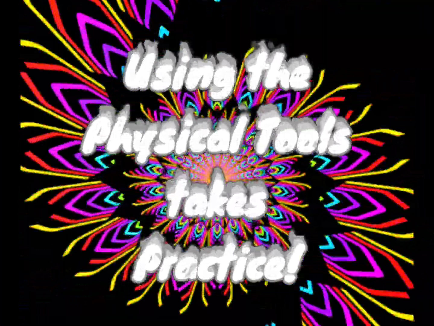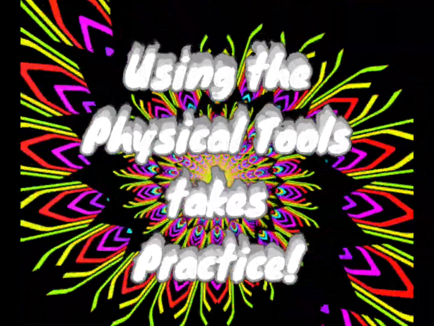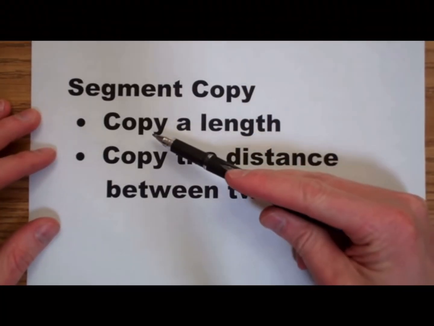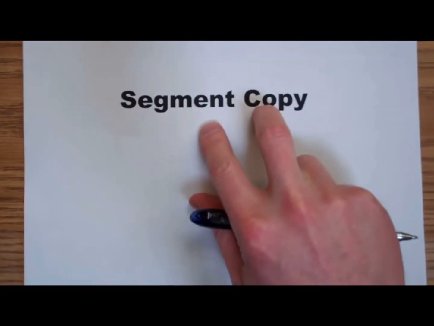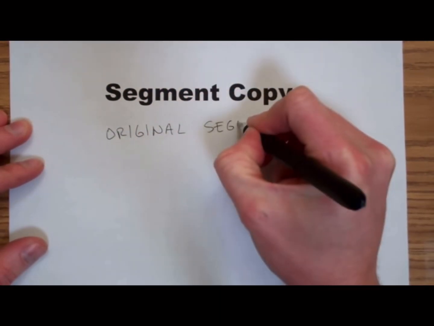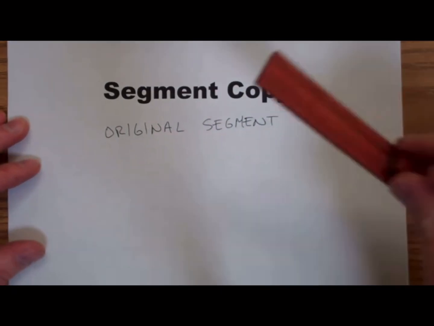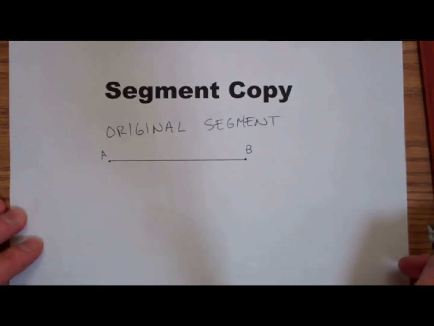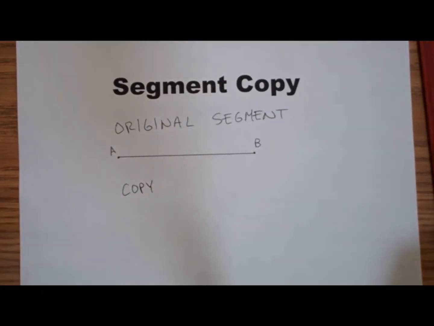Using the physical tool takes a little bit of practice, so let's look at some examples of what it looks like to construct with the tool itself. So to copy a line segment, we're going to just follow the same procedure that I did on the digital compass, but now with an actual compass. So using a straightedge, I create an original segment AB.